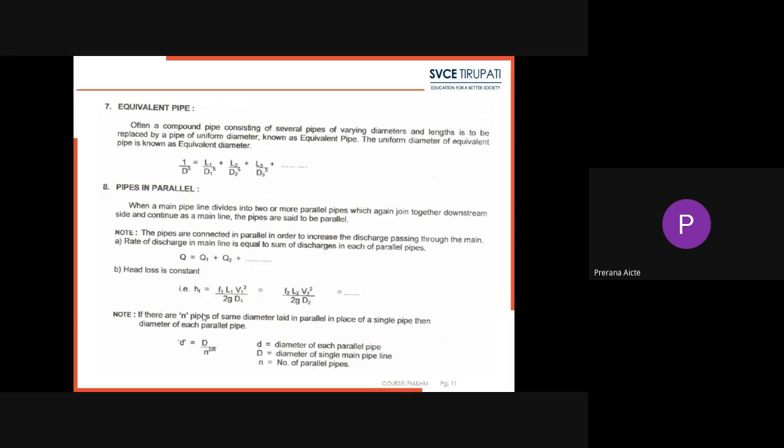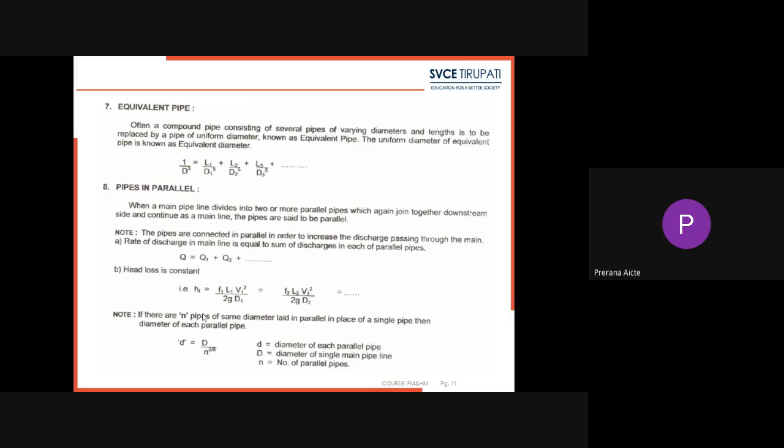The uniform diameter of the equivalent pipe is known as the equivalent diameter. This can be calculated by using the formula, that is 1 by D power 5 equals L1 by D1 power 5 plus L2 by D2 power 5 plus L3 by D3 power 5 plus and so on. Here L1 is the length of the first pipe, D1 is the diameter of the first pipe, L2 is the length of the second pipe, and D2 is the diameter of the second pipe, and so on.